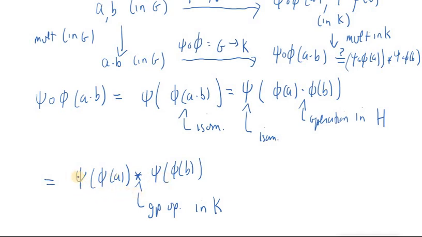All right, now here I have the composition. Psi of phi of A is the same thing as C composed phi of A, star with C composed phi of B. Okay, so actually I've completed my proof. I've shown that C composed phi does preserve the operation.